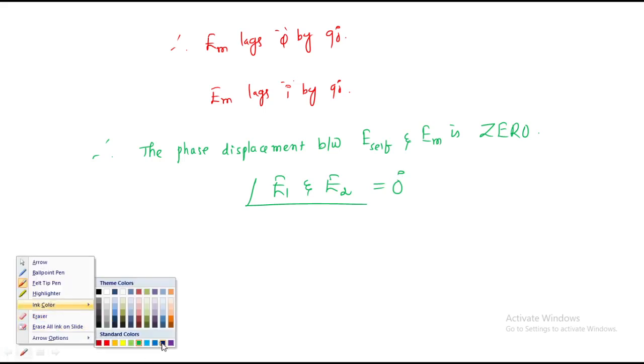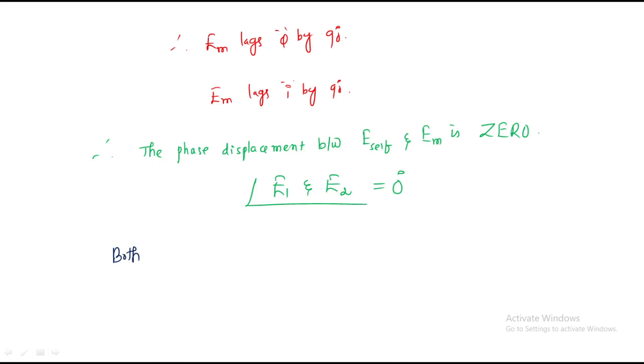What is that meaning? Both EMFs occur simultaneously without any delay. So between current and flux there is no delay. Between two EMFs, whether self or mutual, both EMFs occur simultaneously. So what is the condition?